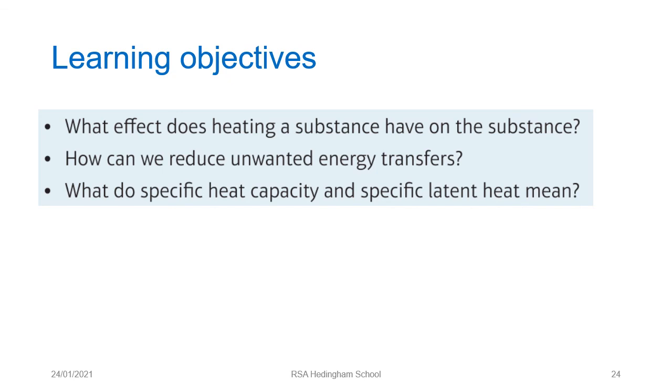And specific heat capacity is the energy required to raise the temperature of 1 kilogram of a substance by 1 degree C. And the specific latent heat is the energy required to change the state of 1 kilogram of a substance. And you will have a different value for specific latent heat of melting and specific latent heat of evaporation.